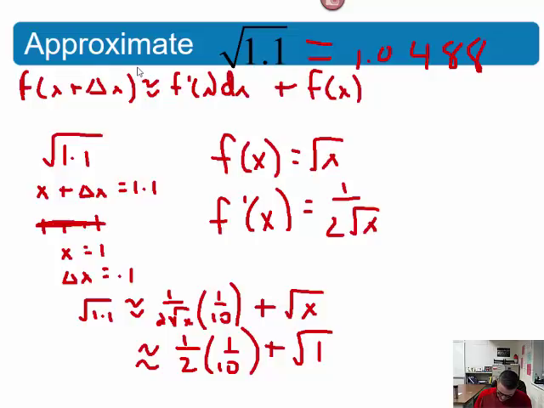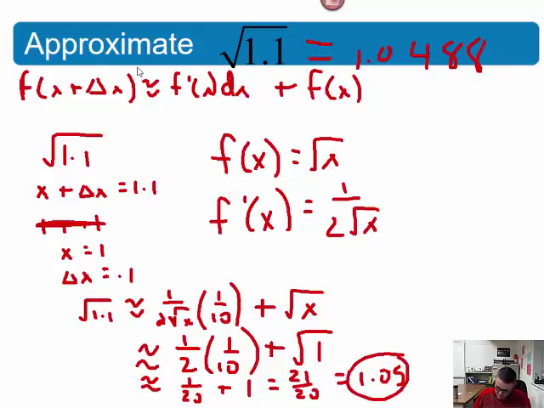This is approximately equal to 1/2 times 1/10, which is 1/20, plus 1, which is 21/20. If you type that into your calculator, that's 1.05. That's a pretty good approximation when we compare it to the exact value, 1.0488, which is an irrational number, so it keeps going. So there's an example of how we use a differential to approximate.